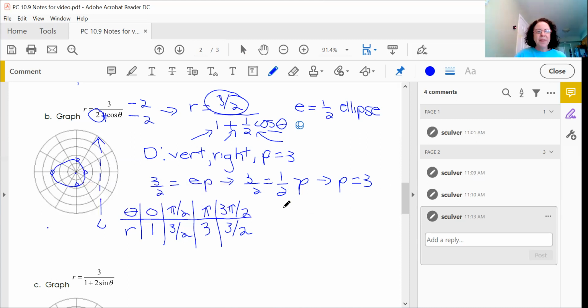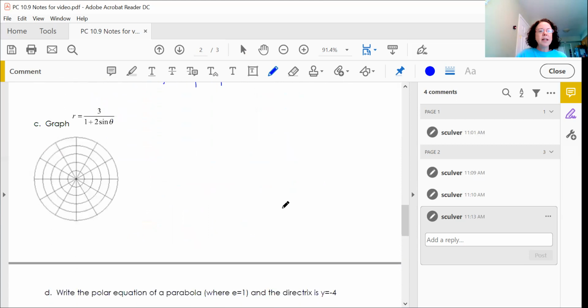I think it's fun. Our last graph, of course, is going to end up being a hyperbola. All right. Notice that we have a 1 in our denominator, and that means that our e next to sine is 2. This means we have a hyperbola.